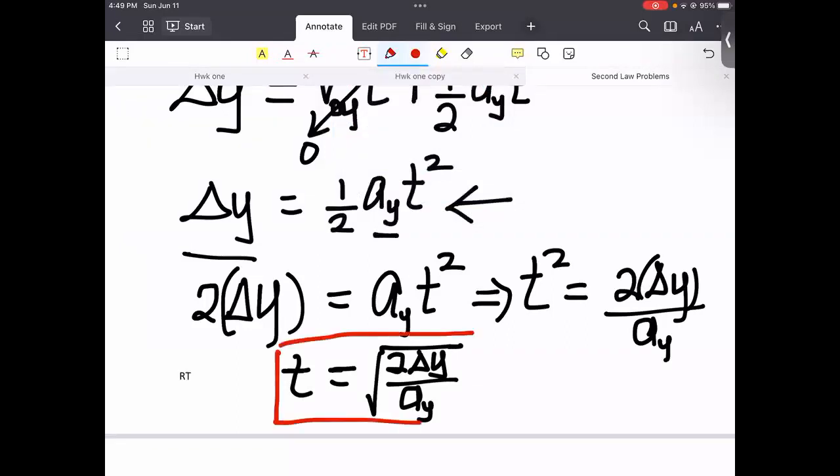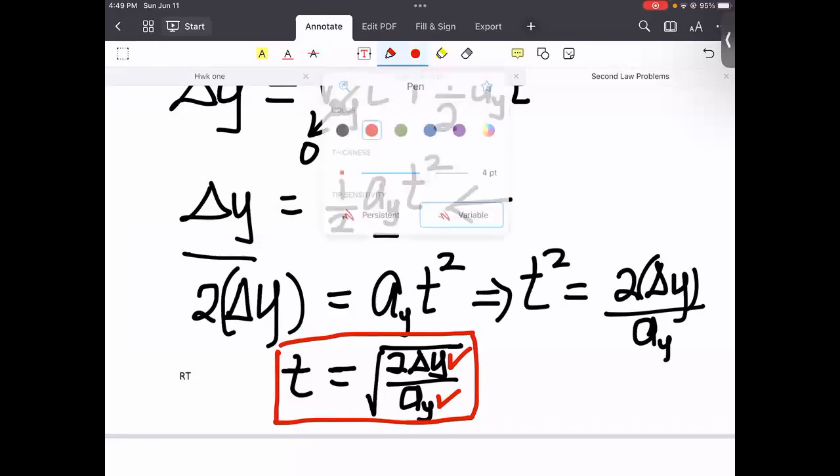That means for a single brick, you have the same distance fallen and the same acceleration, so time will be the same. If you take the 2 bricks, use the same formula, time will be the same, because we already said that the 2 objects are dropped from the same height.